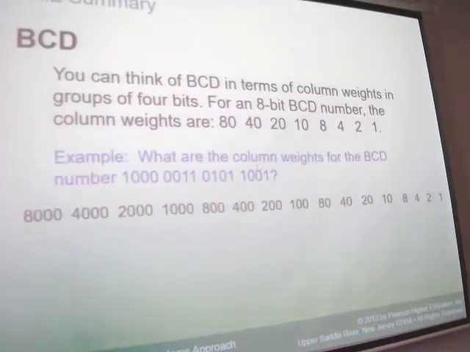For example, what are the column weights for the BCD number 1 0 0 0 0 0 1 1 0 1 0 1 0 1? We should know that.